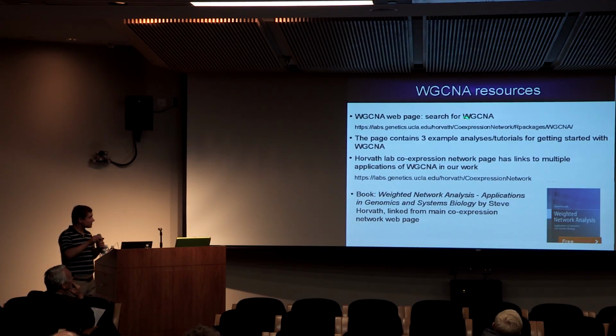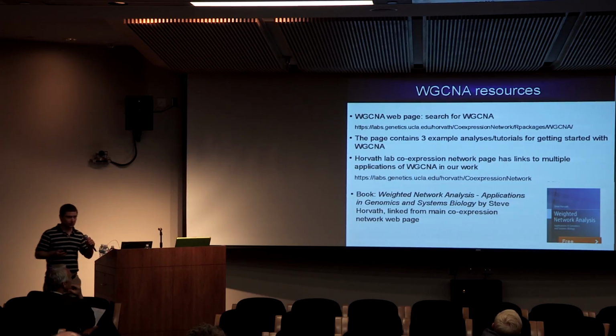So here are resources. If you want to run WGCNA, I suggest that you first visit the WGCNA webpage. Here's the URL, but if you search for WGCNA, it's much faster than typing it in. There are tutorials, three example analyses. If you have never done WGCNA, you can get started.